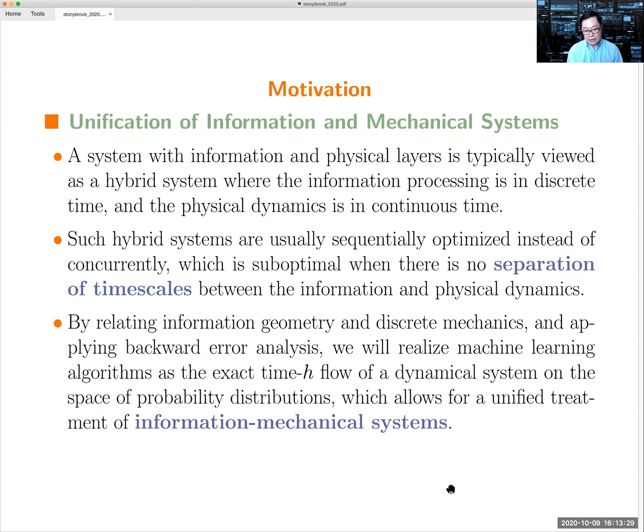More or less, the assumption is that the environment from which you're trying to extract information is not changing as rapidly as the underlying dynamics. So what we're going to try to do is relate information geometry and discrete mechanics. There's an approach in numerical analysis known as backward error analysis.